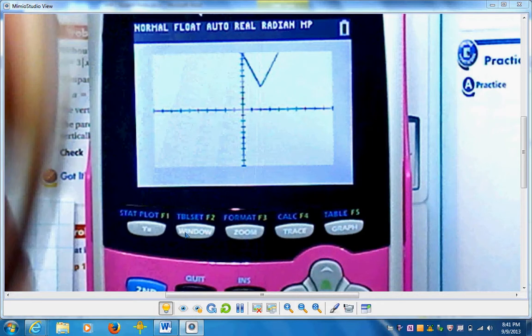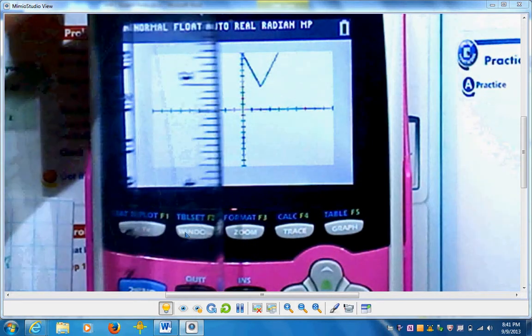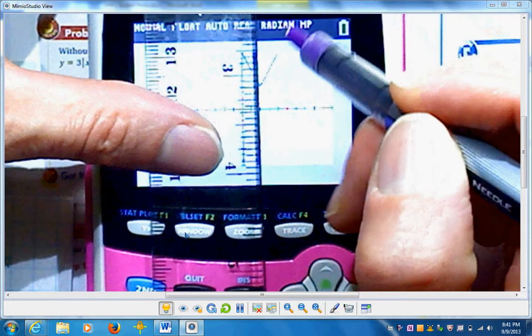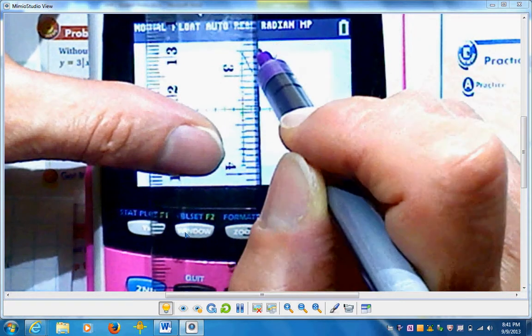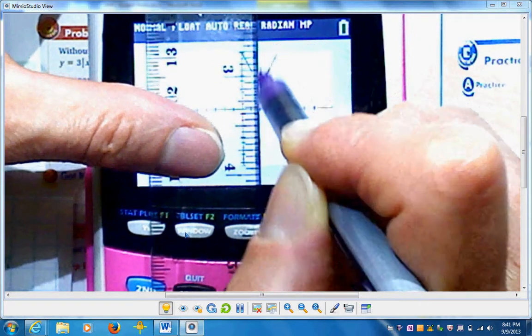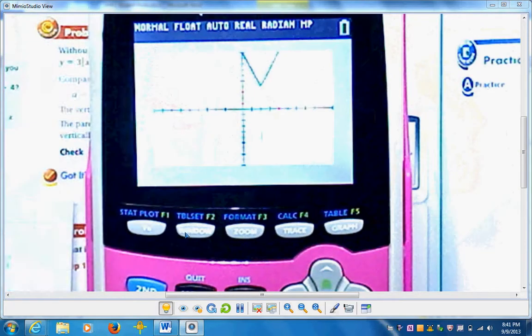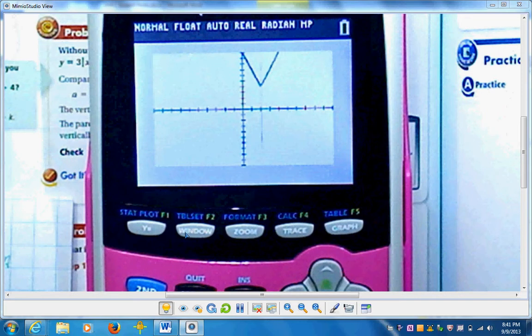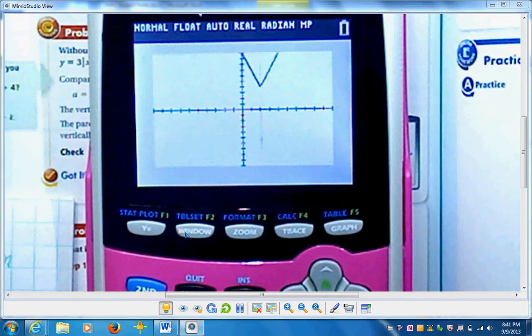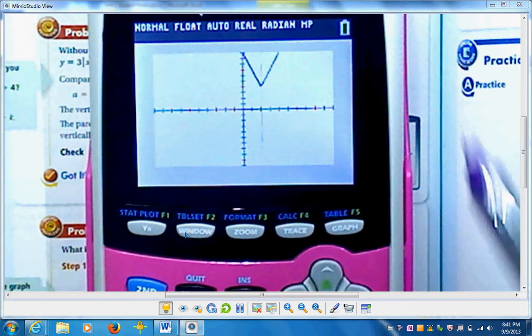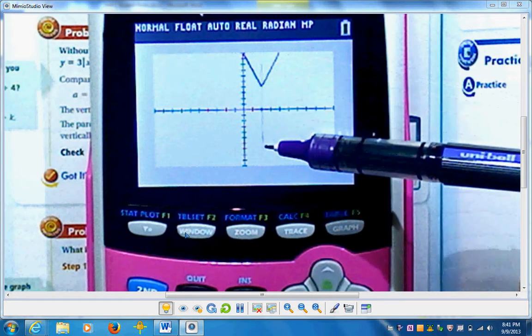I'm going to draw a line straight up and down right on the front of my calculator. You can kind of see that line there. That's the line x equals 2. So that would be my axis of symmetry. This vertical line is the line x equals 2.